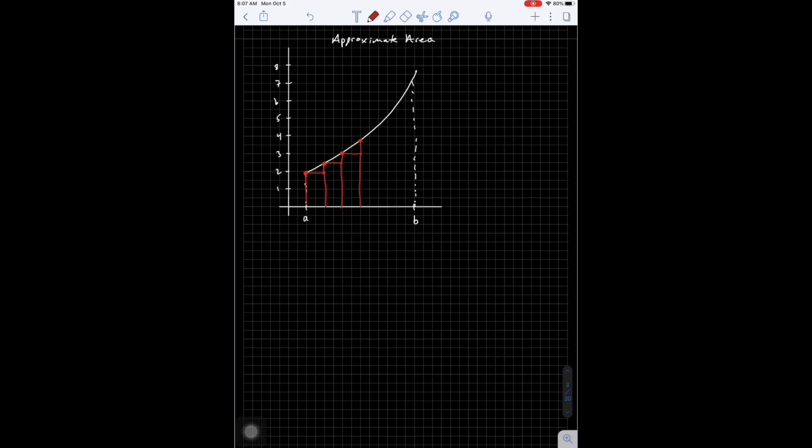Now, as you can see, I'm missing a little bit of the area when I do this. I'm underestimating. And that's okay, we're aware of that. We're just working on, okay, how can we approximate this? And that's a decent approximation. Okay, this is what we would call finding the area with the left endpoints.